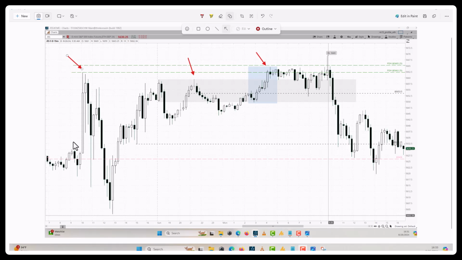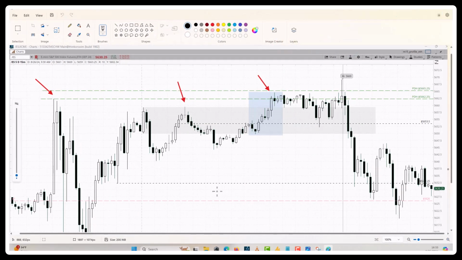So basically we have, right here, the previous day high, excess liquidity, and you have an Asia high, which is okay. It's the buy-side liquidity.